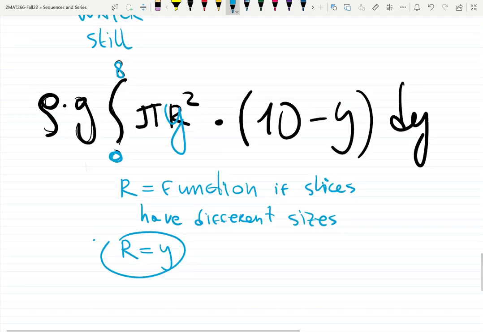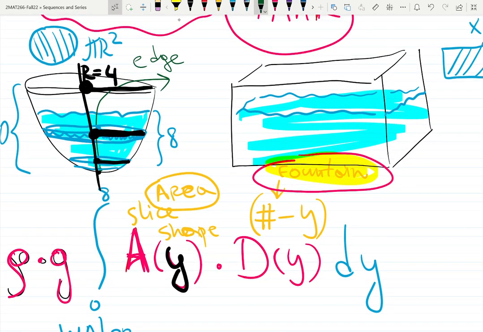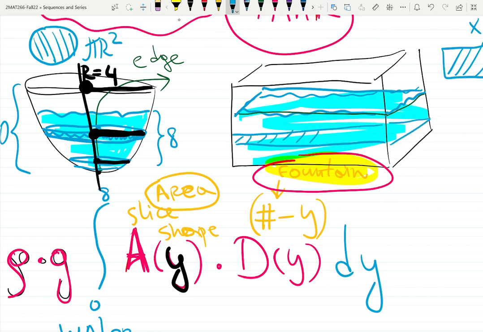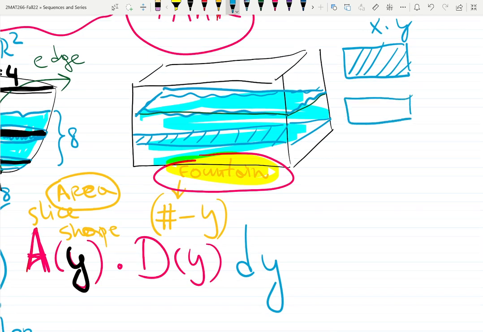The second example here, which I want to show you, this rectangle thing, this one will have a constant as radius. Well, it's not even radius anymore. Why? Because when I'm lifting all those infinitesimals of water, they actually have the same slices, you see? So smaller slices, bigger slices versus the same slices. If the slices are the same, then r is not a function anymore.